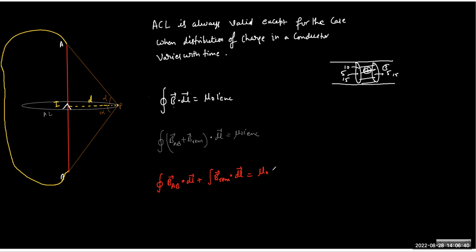So here it is I. Now, B due to AB, the magnetic field due to a segment, we can calculate using the Biot-Savart law, right? Yes. And we know the answer also. What is the answer? So mu naught by 4 pi d into sin alpha. Yes. This is B.